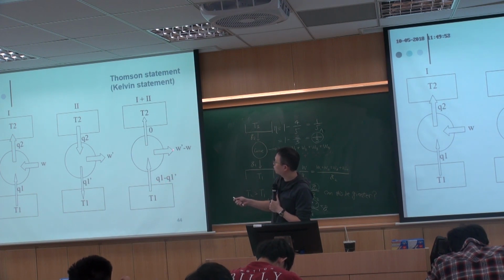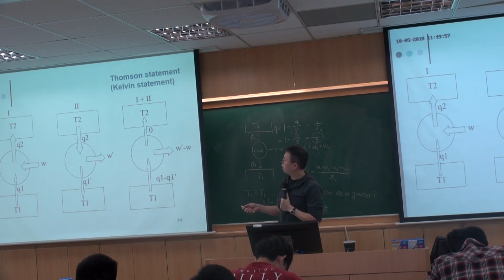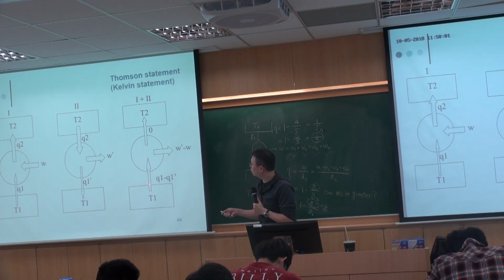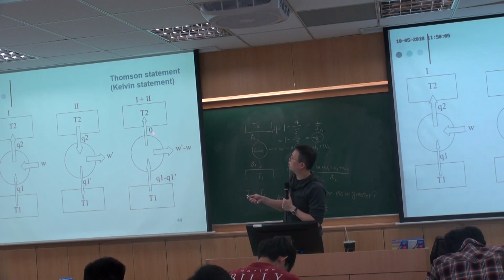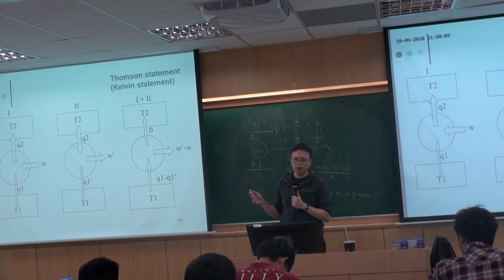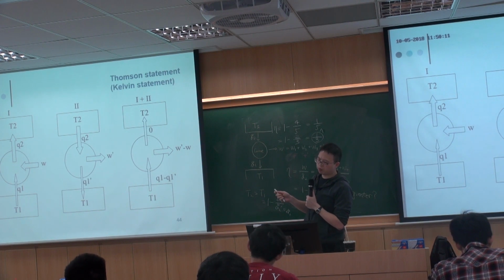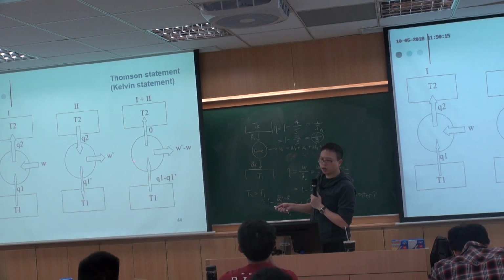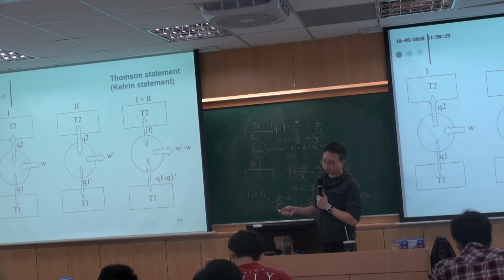So these two terms are positive numbers. It means that you have an engine that can pump heat to do work without dumping anything to somewhere else. So this is Thomson's statement, or you can say Kelvin's statement, on the impossibility of having a heat engine like this.